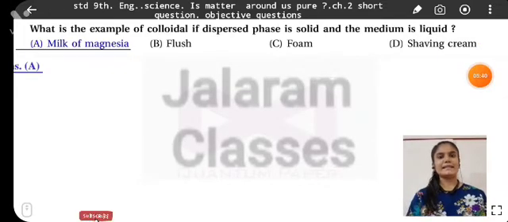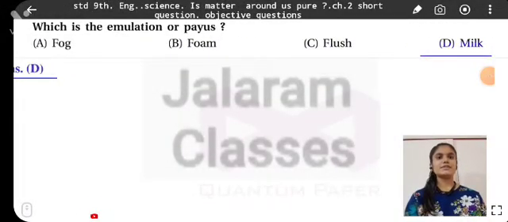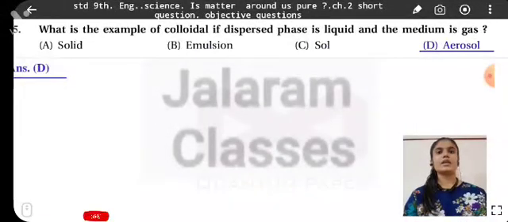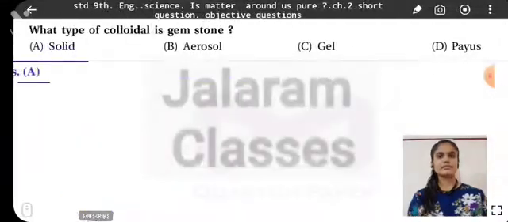Milk of magnesia. Which is the emulsion? Milk. What is the example of colloidal if dispersed phase is liquid and the medium is gas? Aerosol. What type of colloidal is gemstone?